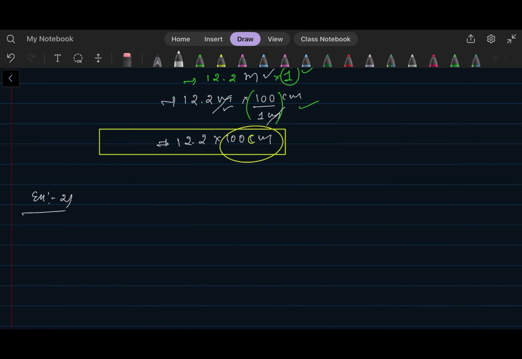So now, if the question is like convert 4 inches into centimeters, this is our question. In this we should know that 1 inch is nothing but 2.54 centimeters.